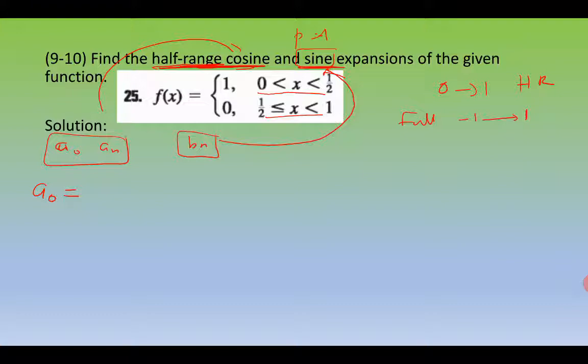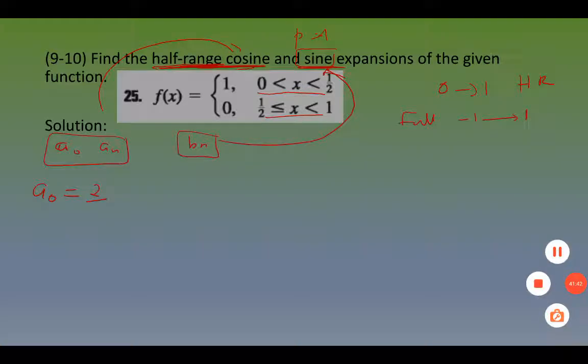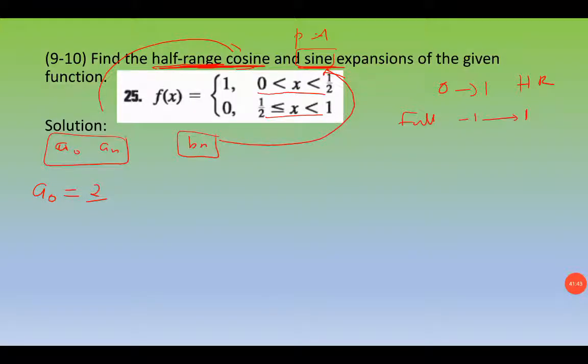Let's start finding A0. The formula is 2 over P. P is 1. Integration 0 to 1.